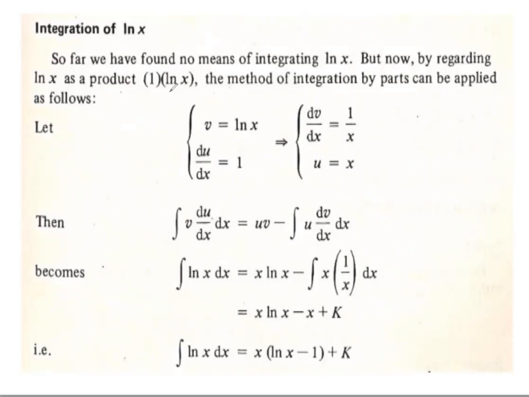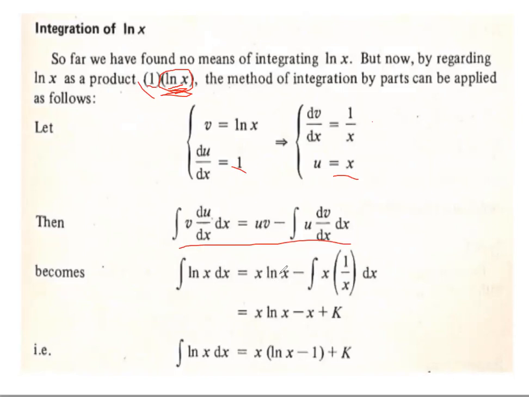They let v, notice again in this case v is not the 1 in front. They use the factor at the back as v, so they treat ln x as 1 times ln x. You let that be v, so dv/dx is 1 over x. And you let du/dx be 1, which makes u equal x, right? You integrate 1, you get x. And you put all of this in this formula, and look at what happens.